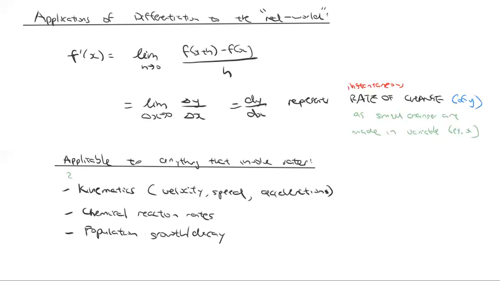So these are technically all rates themselves, and there's a whole lot more that we can do there. Now, the one we'll be focusing on is kinematics. And to some extent, we'll do a little bit of this, but a little bit later.